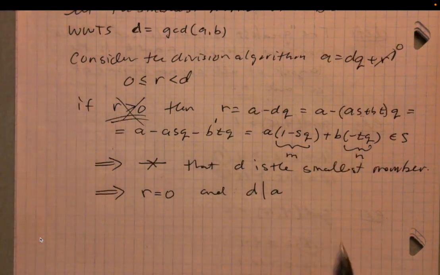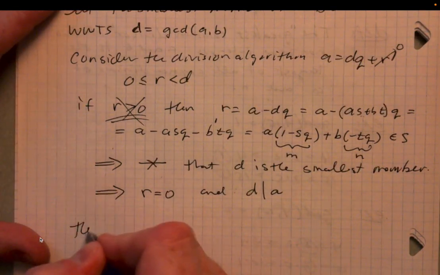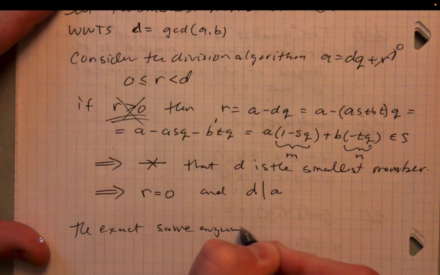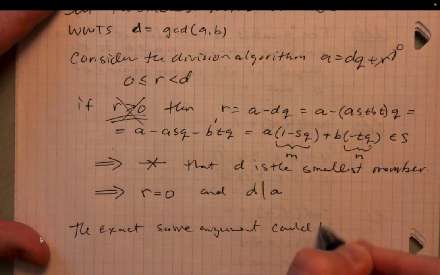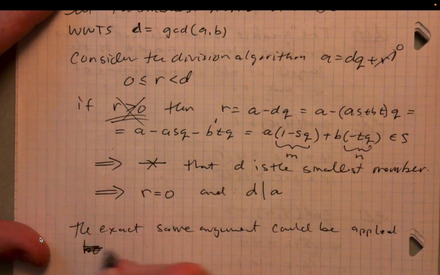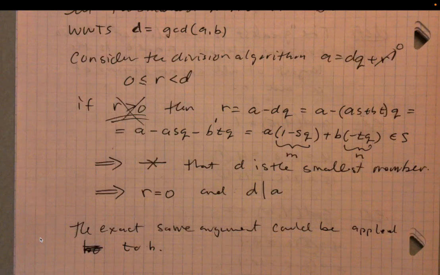The exact same argument could be applied to b. Hopefully you can see that it doesn't really matter. If it's true for a, it's obviously true for b as well. We could do the same argument for b.